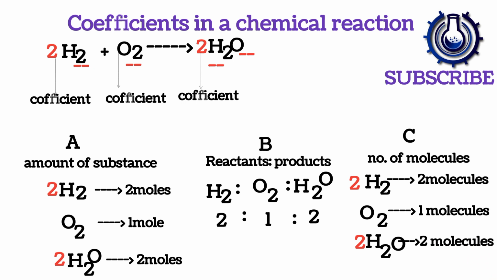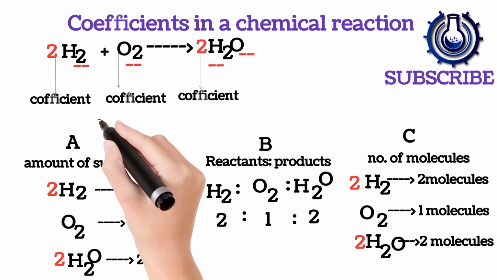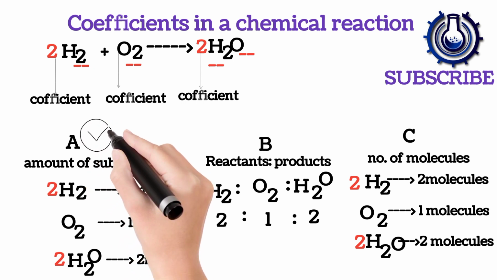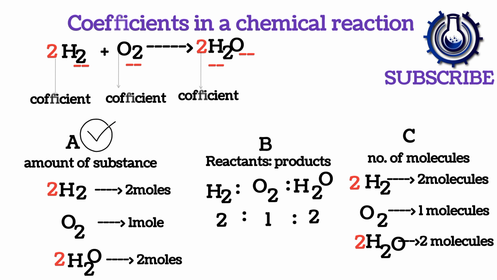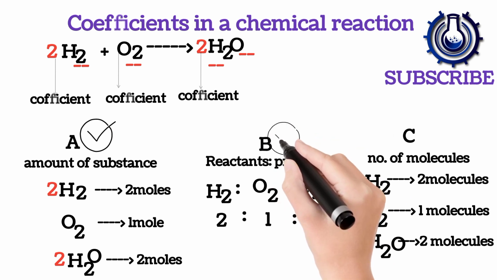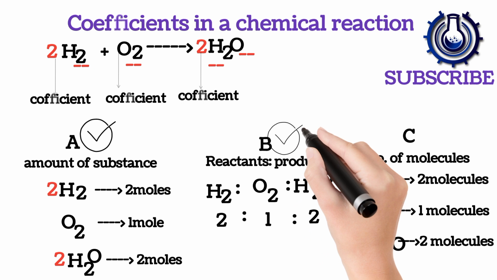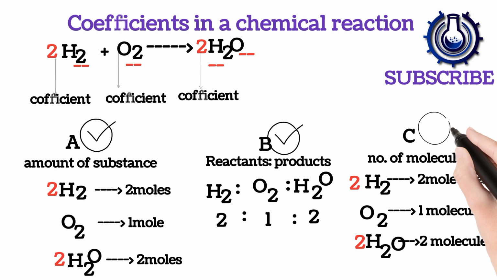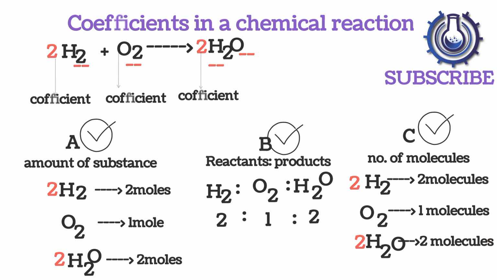All this we get from the coefficients of the chemical reaction. So from this, we can say that we can measure the amount of a substance from a given coefficient of a chemical reaction, the ratio of reactants to products, and the number of molecules can be deduced from the coefficients of reactants and products.